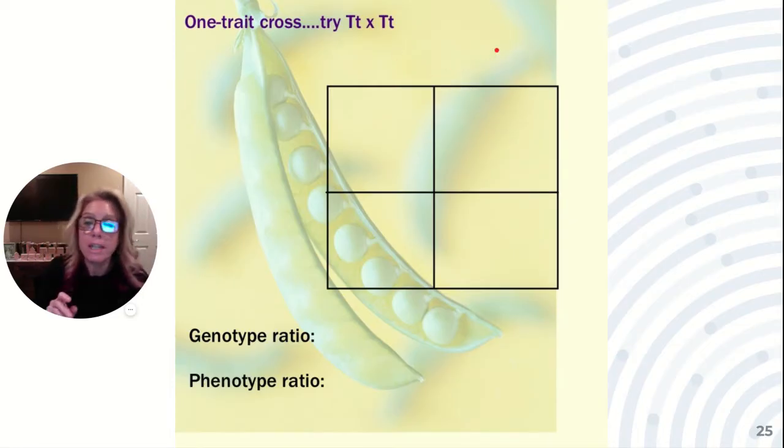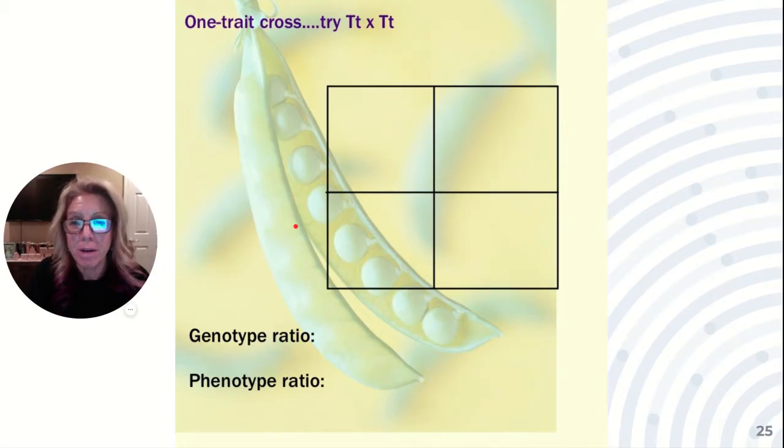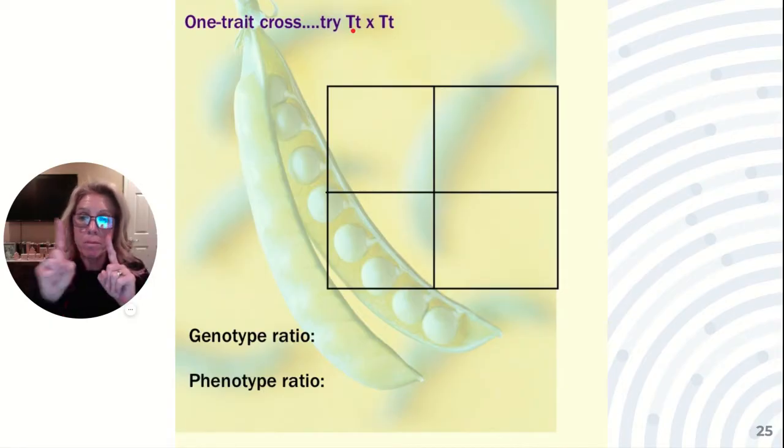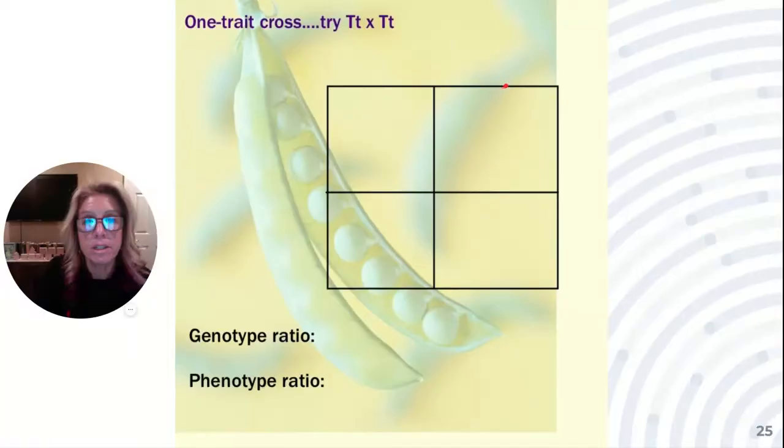Basically what you do on a Punnett square is you put the gametes on the edges of the Punnett square. So typically the female's gametes go here on the top, and by convention the male gametes go over here on the side. So this female gamete, she can either give a big T or she can give a little t. So you put a big T here and a little t here, separate out our gametes.